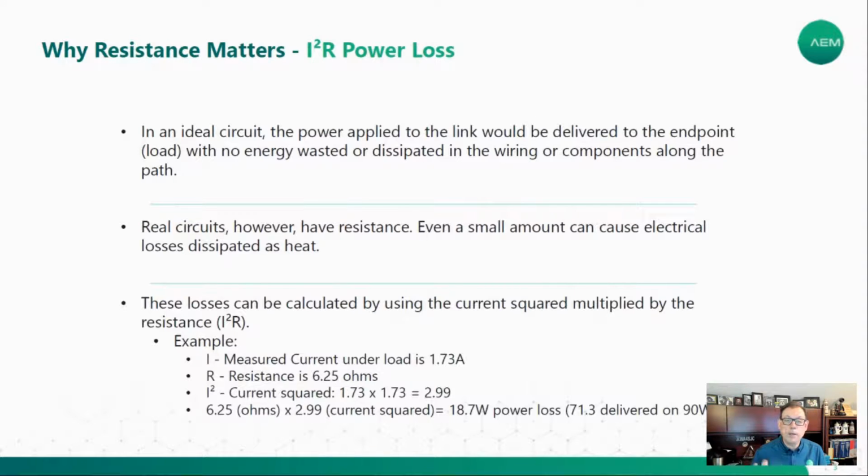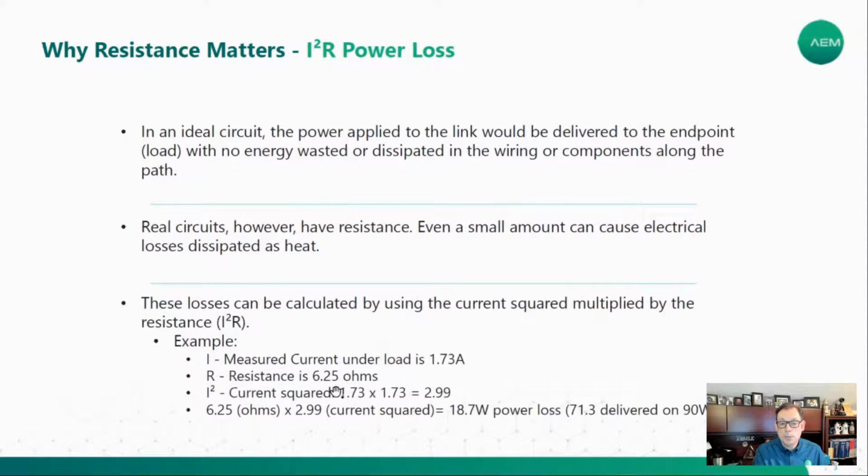To define that and break it down, I is your current, R is your resistance. So your current squared times your resistance is going to give you the power drop. And this number, 71.3, on a good working 100 meter length of cable, is what we can expect to get at the endpoint with 90 watts. And it's achieved using this calculation with the measured current under load.